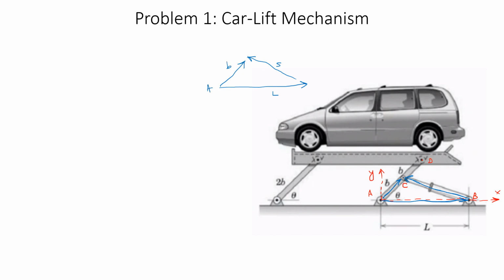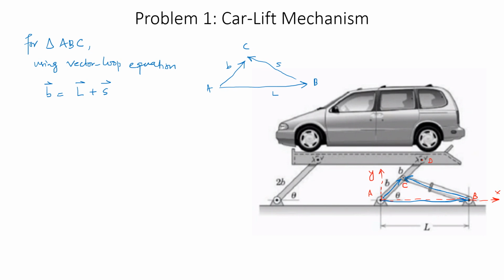So this is point A, this is point C, this is point B, and you can readily see that when you add vector L with vector S, you find vector B. So we can write down over here for triangle A, B, C, and using the vector loop equation, you can write down this expression like B is equal to L plus S. And since these are vectors, let me indicate that as well for clarity.